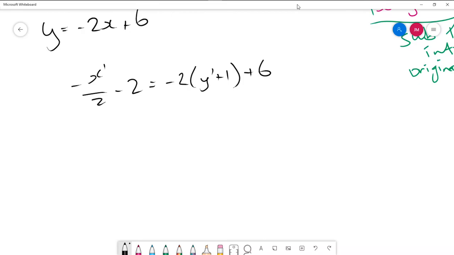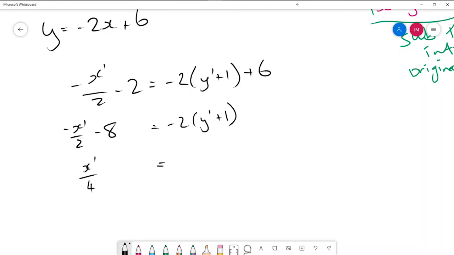And now it's a matter of tidying this up to get it into the standard form where y is the subject. So let's minus the 6 over. I'd get negative x dash on 2 minus 6 is minus 8. And over here I've got minus 2 times y dash plus 1 still. And so then let's divide through by the minus 2. Make this negative 2, if I divide that, make that a positive quarter, so that's x dash on 4.